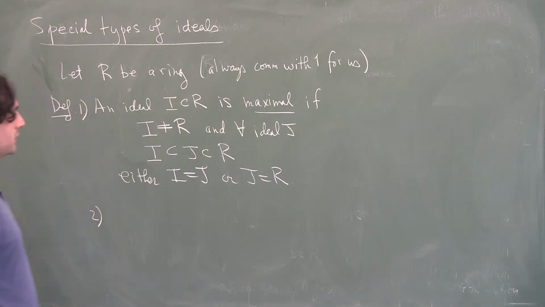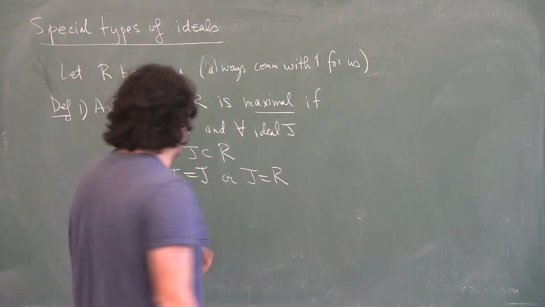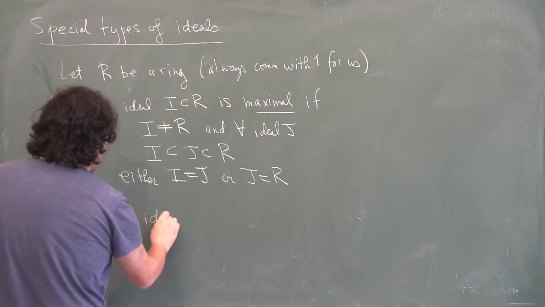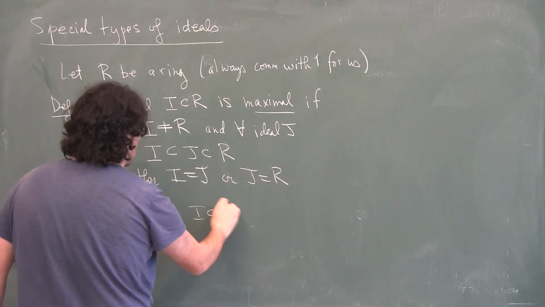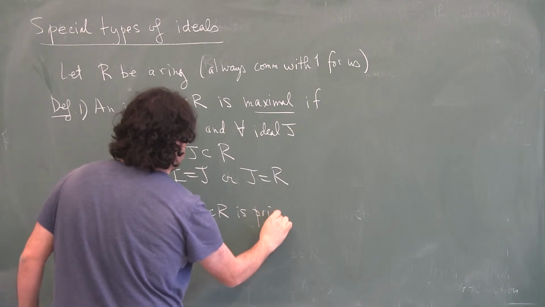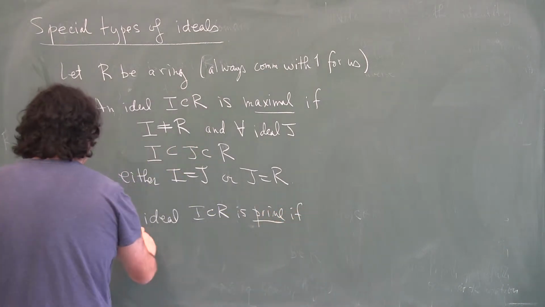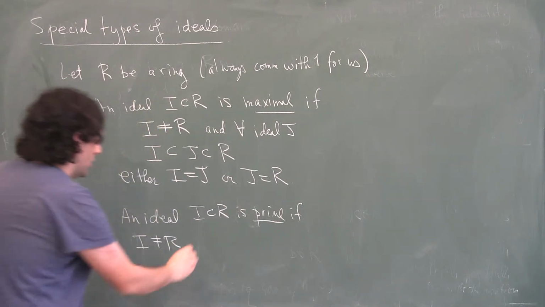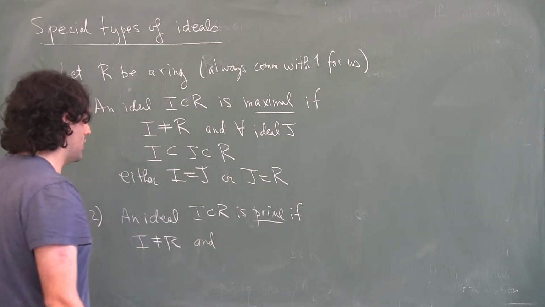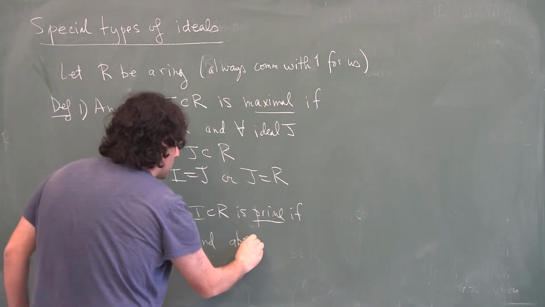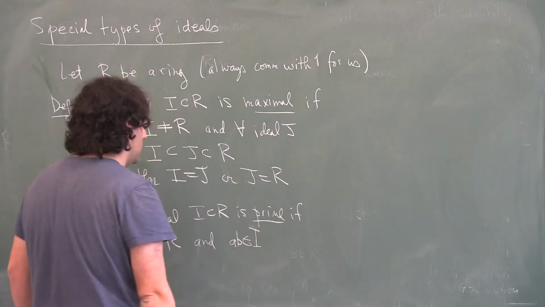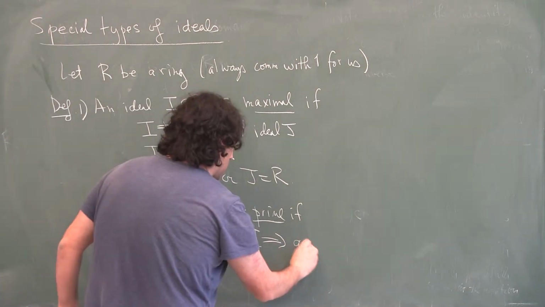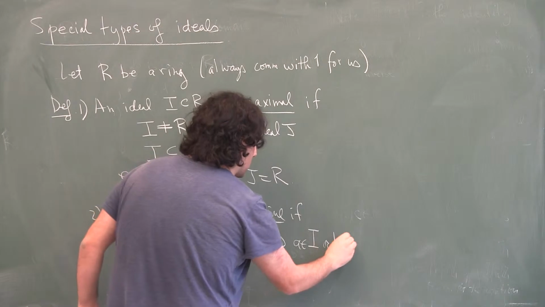And the second type of ideal I want to define is prime. An ideal I in R is prime if, again, we want to exclude the whole ring, and whenever I have A times B in I, a product of two elements, this implies that either the first one is in the ideal or the second one is in the ideal.